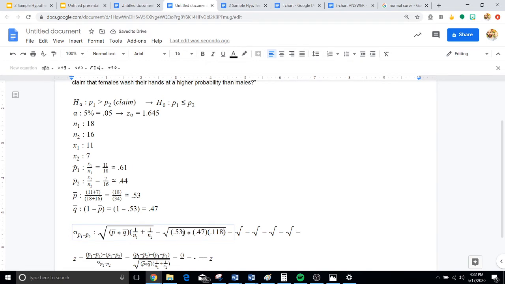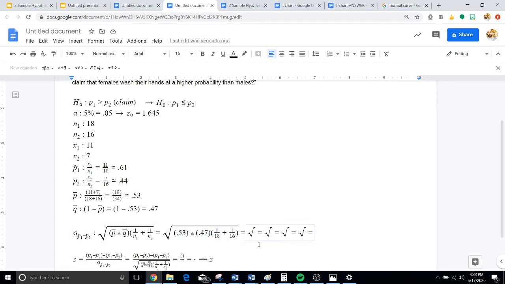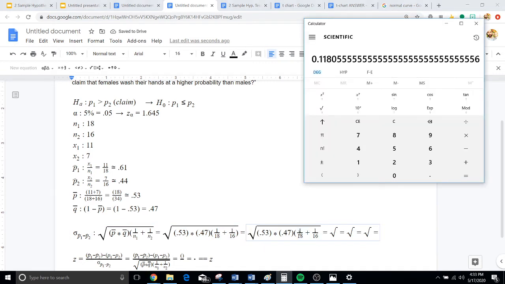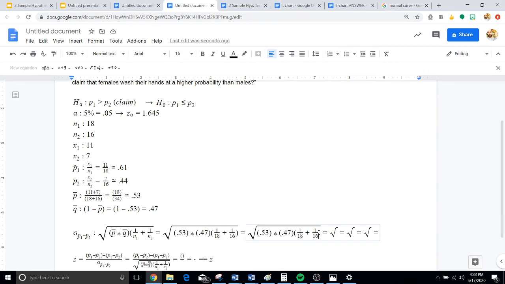All right, next up, we are going to take 0.53 and multiply it by 0.47. Let's actually recreate this one over here. Okay, and we said this was 0.118. We can take 0.53 and multiply it by 0.47 to see what we get there.